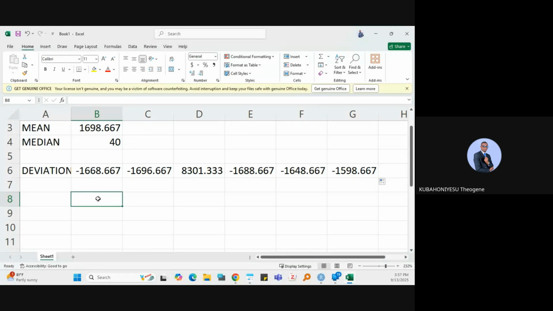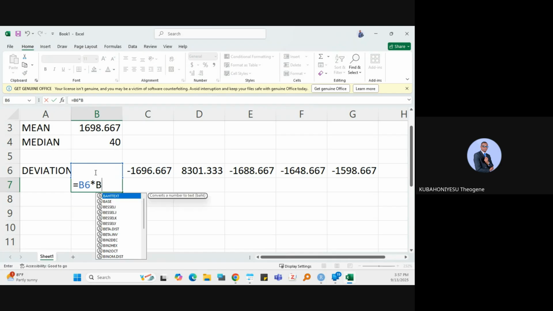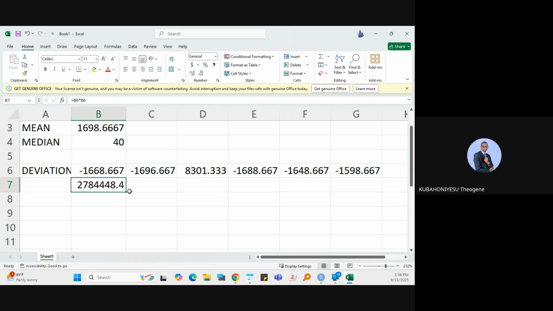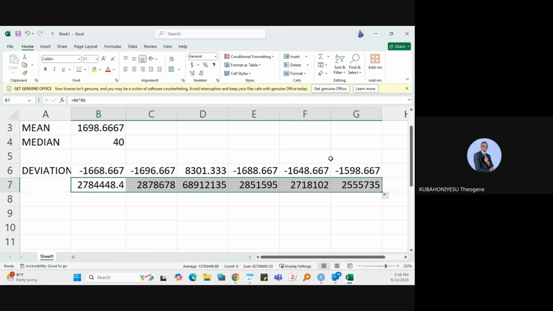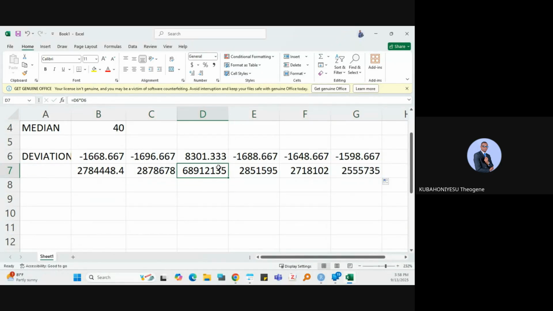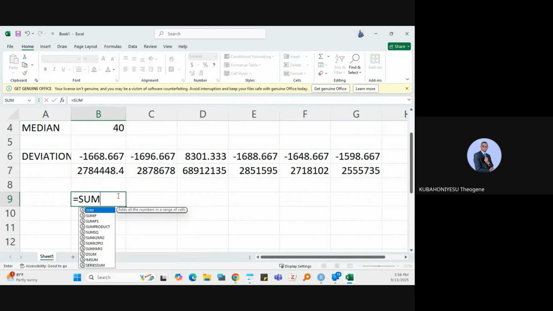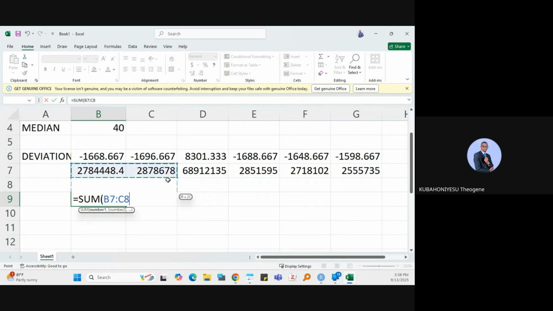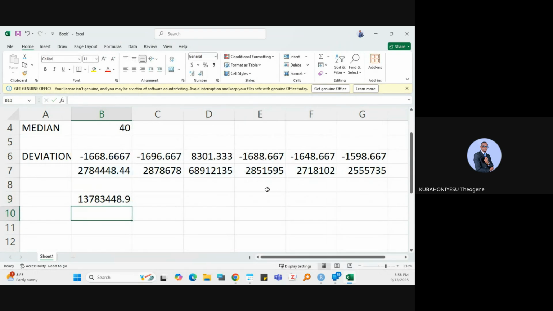Now, what we are going to do is square the deviation, so I'm going to have each one times itself. Now we are here. The numerator is done. Then we are going to find the summation over N. What is N? N is 6. So the sum of these numbers over 6 gives this one.